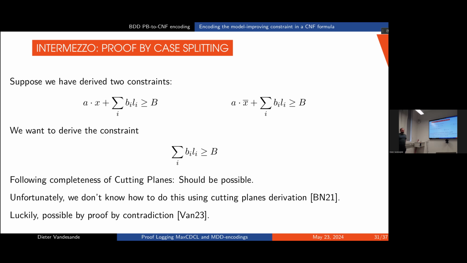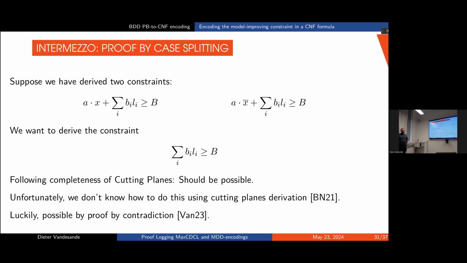It's not like I spent tons of time thinking about this, but it's such a natural rule, to allow you by case analysis to derive this constraint from the other two, and it's kind of annoying that I just don't know how to do it.